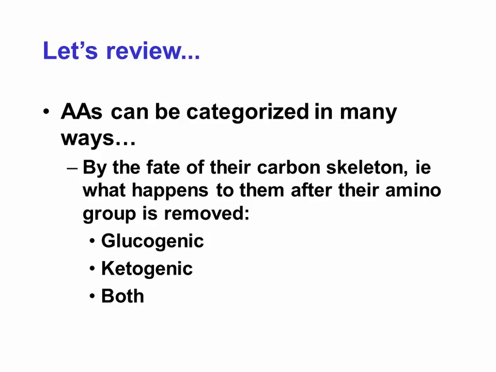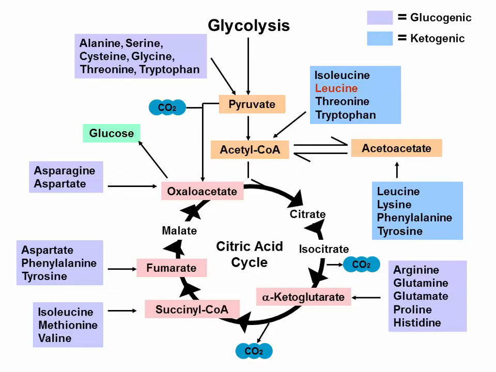Now, all of them can be used to make fat, okay? All of them can be used to make fat, but not all of them are glucogenic. There is one that we say is uniquely ketogenic, which means it cannot in any way ever be used to make glucose. And that one is leucine. Okay, you might as well write it down here, and then I'll show you on the next slide.